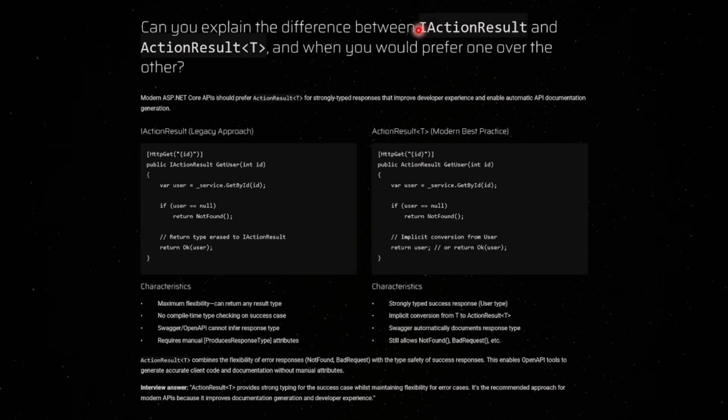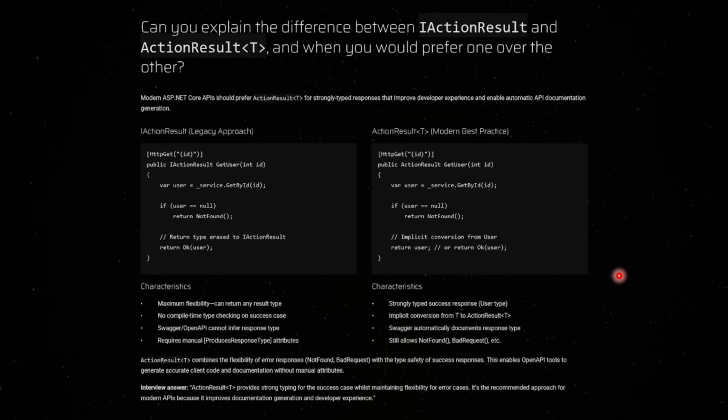These two are basically return types, but this one is strongly typed. And whenever we are using strongly typed, it makes our life easy. When you're using an API, this is the preferred method because it helps us achieve faster documentation and gives better details and more insights. So when you're dealing with APIs, always go with ActionResult of T.